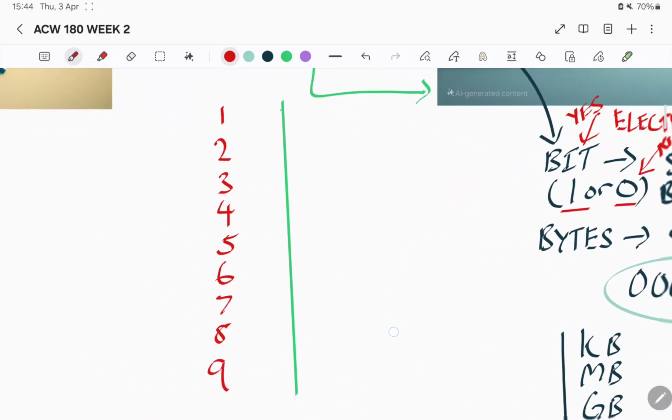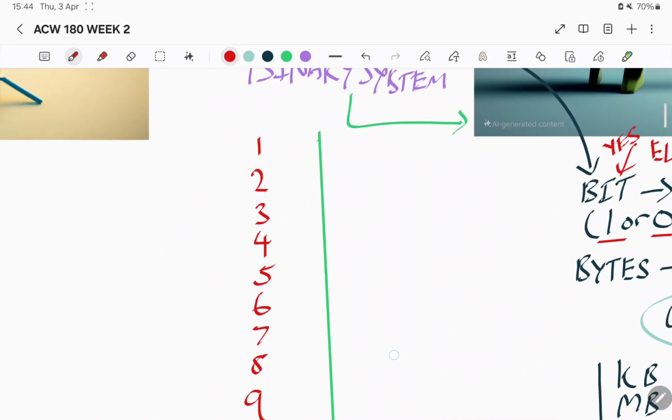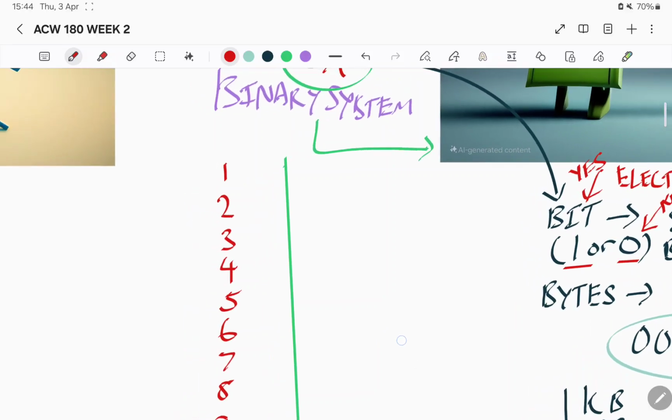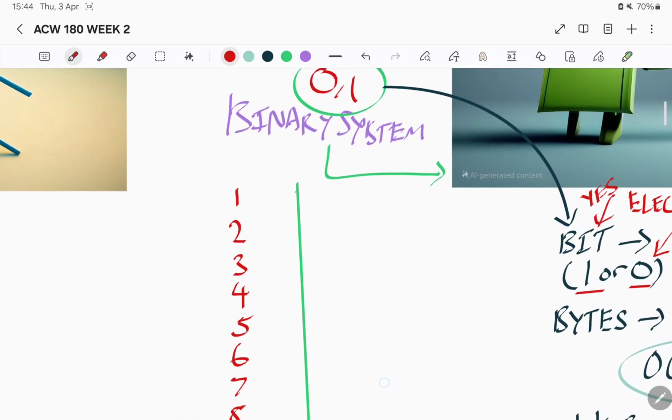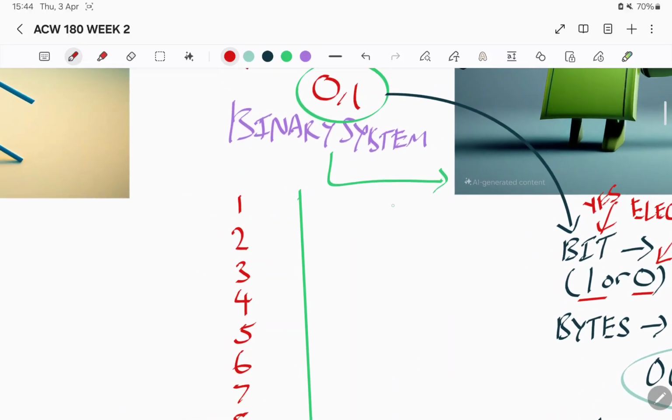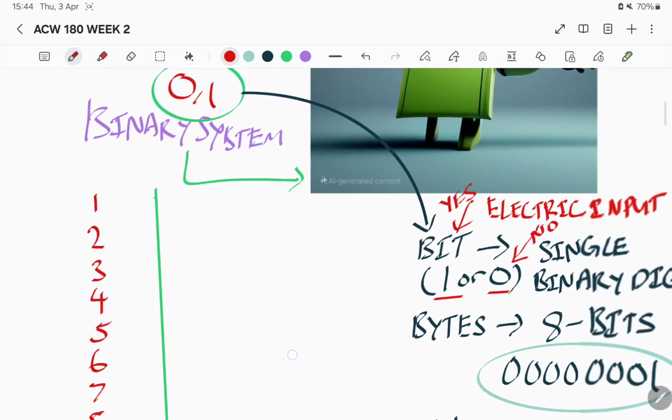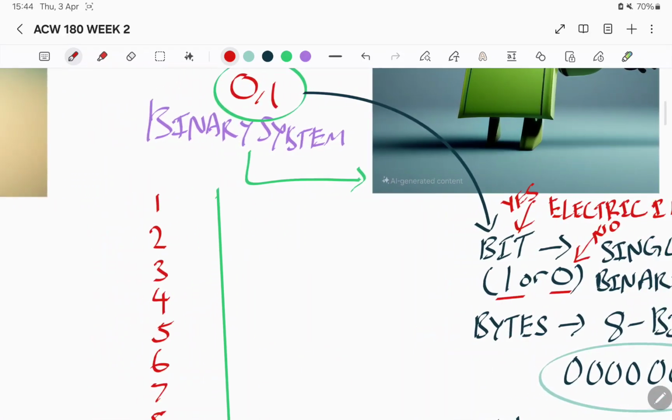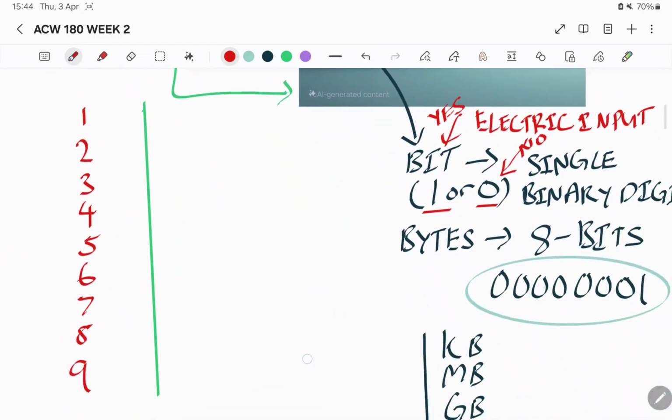So coming back to how they count, they count by 0 and 1. Here is how the computer calculates, very interesting.